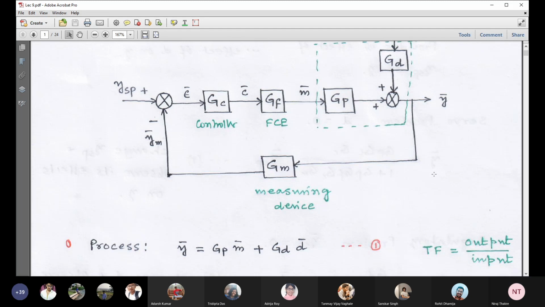Equation 1. This is based on the concept output by input. So y equals GP m bar plus GD d bar.